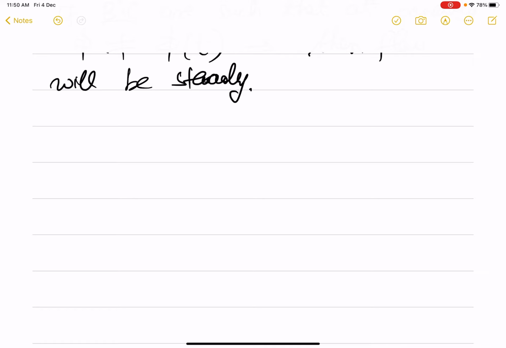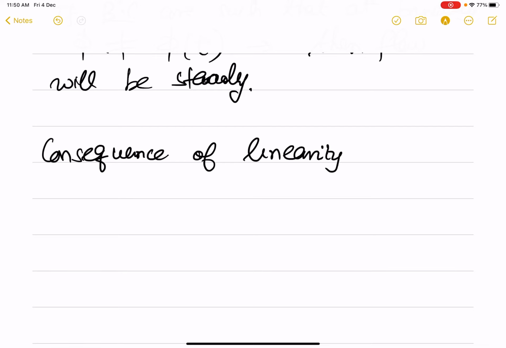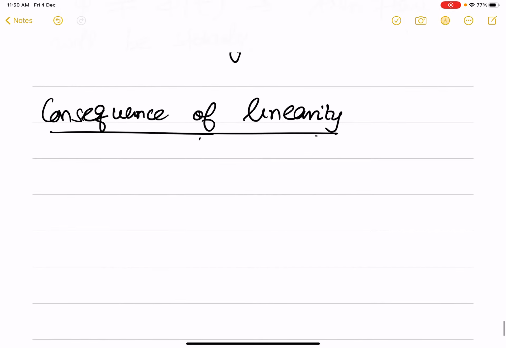Now there is another very important consequence here, and this is the consequence of linearity. We have been emphasizing this many times, and let's now try to discuss this fully.